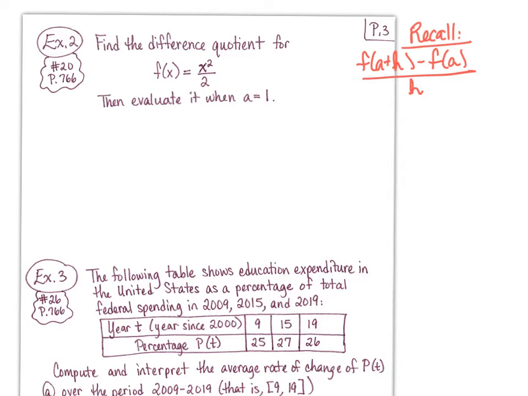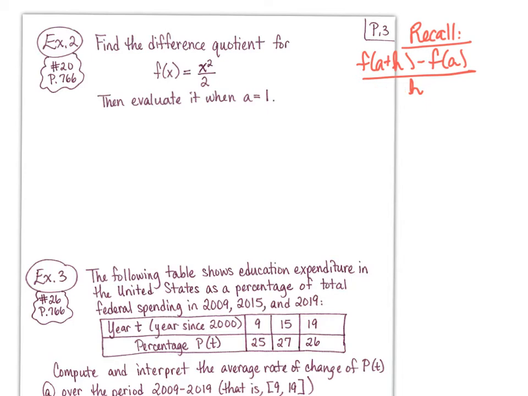So I would take this in several steps. First things first, and you choose whatever you prefer. You can find it all at once, or you can take steps by finding f of a plus h, finding f of a, then finding the numerator, and then putting it all together. Which do you prefer? Doing it all at once or taking steps?